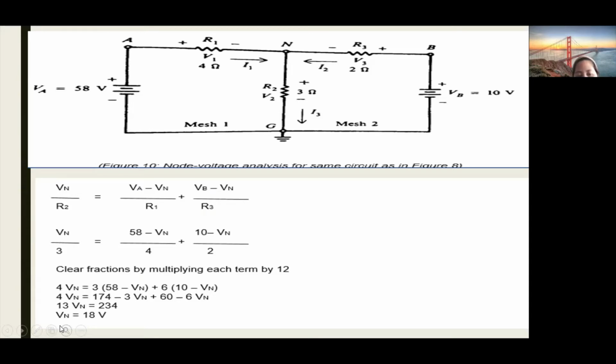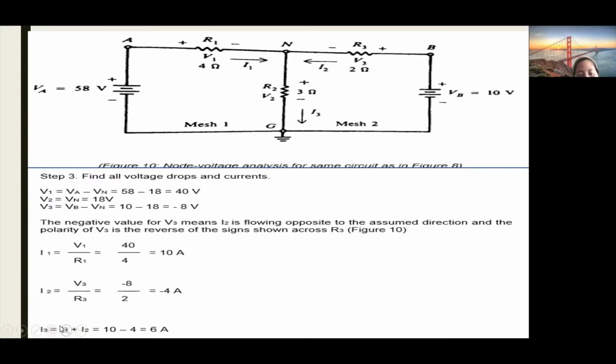So for step 3, find all voltages, drops, and currents. I3 is equal to 6 amperes. V1 is VA minus VN, so 58 minus 18 is 40 volts. V2 is VN, 18 volts.